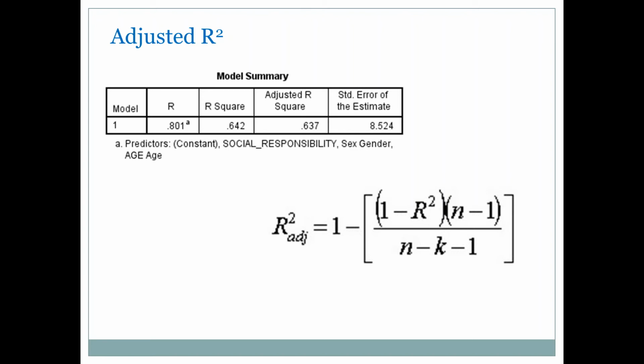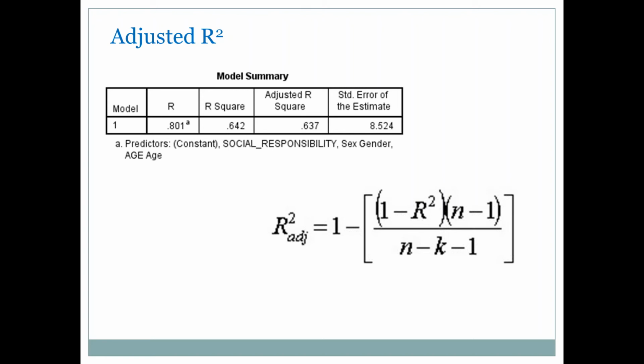A problem with a regression model is that as you add more predictors, it's going to just increase the R-square just because you put more into the model, okay? One of my things I usually say is that if you put in the kitchen sink, the model's going to improve. People say, everything but the kitchen sink. Well, I'm going to throw in the kitchen sink. I'm going to throw in social responsibility.